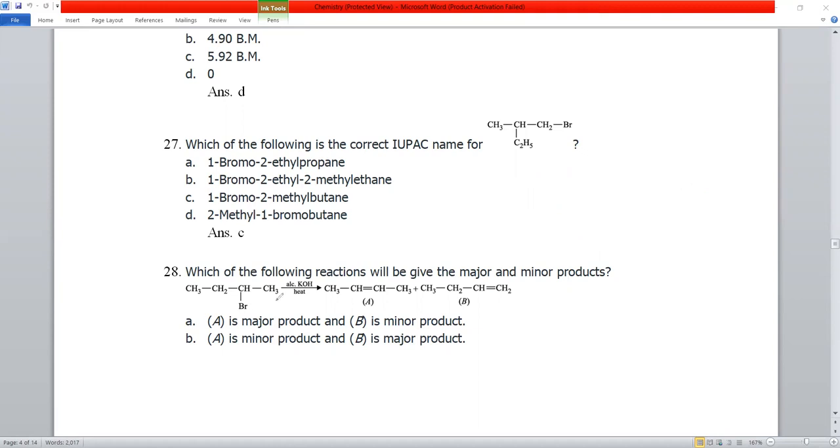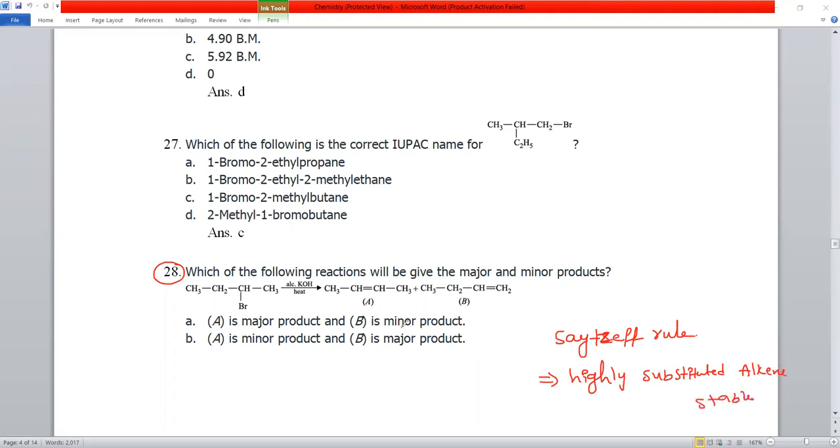So next, question number 28, student. Here they have given elimination reactions, and they're asking which is the major product, which is major, which is minor. So let's check here. This is according to the Saytzeff rule. According to the Saytzeff rule, the highly substituted alkene is the stable one.